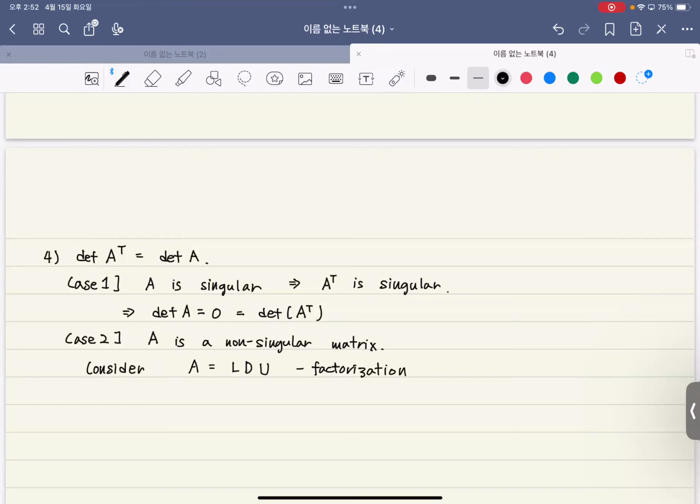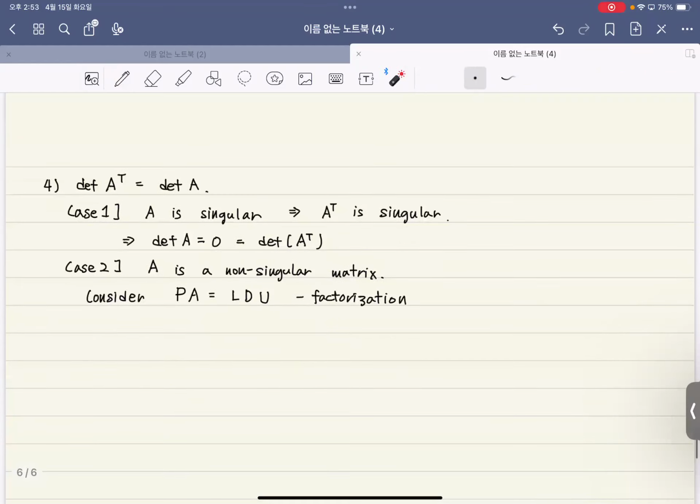No, hold on. Sometimes I may need the row permutation. So precisely speaking, I will need to consider PA's LDU factorization. Okay, so I have the LDU factorization of the matrix PA. Now we apply the determinant function to both sides of this equation.